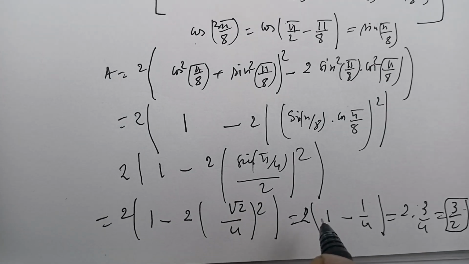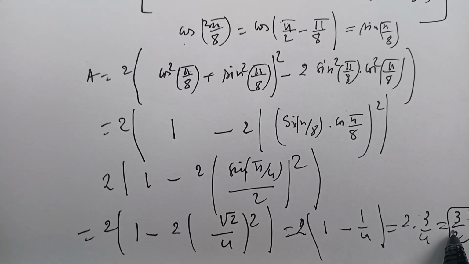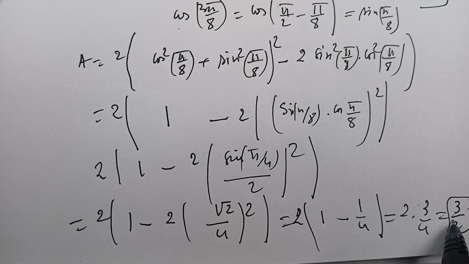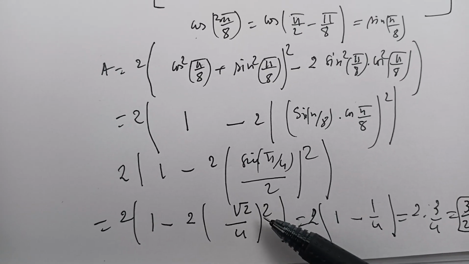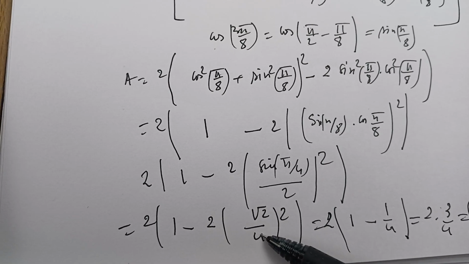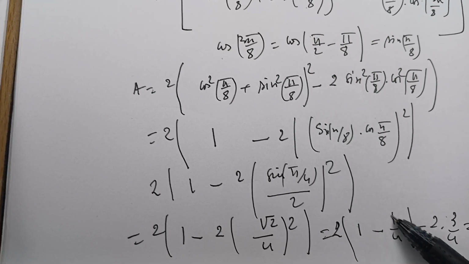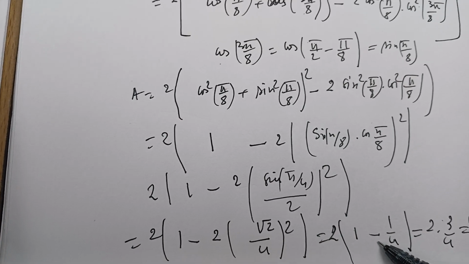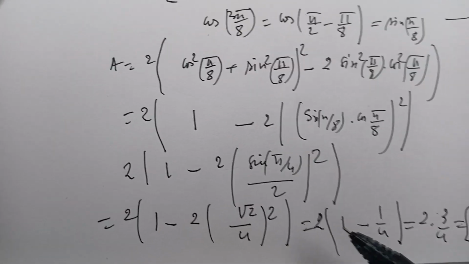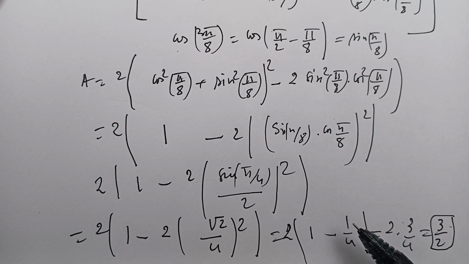So our final result is that our sum is 3 over 2. Yes, let's make sure. So this is 2 over 16, 1 over 8. With this one it's 1 over 4. 1 minus 1 over 4 is 3 over 4. Yes, I think so. This is just simple algebra. So that's the final result.